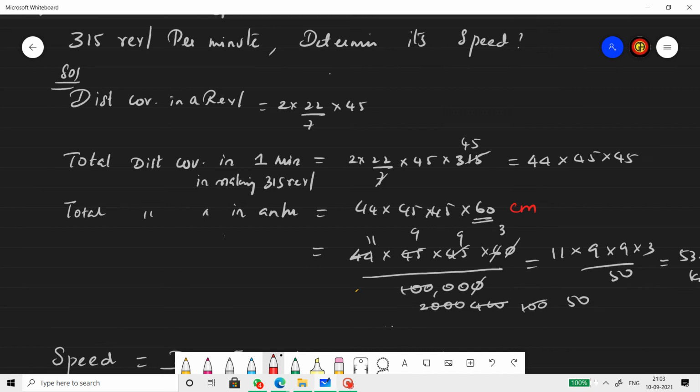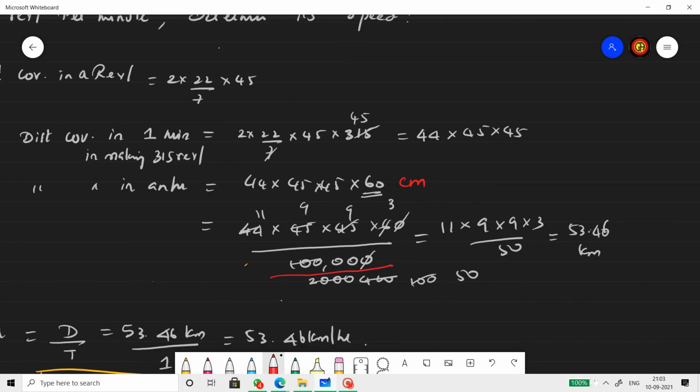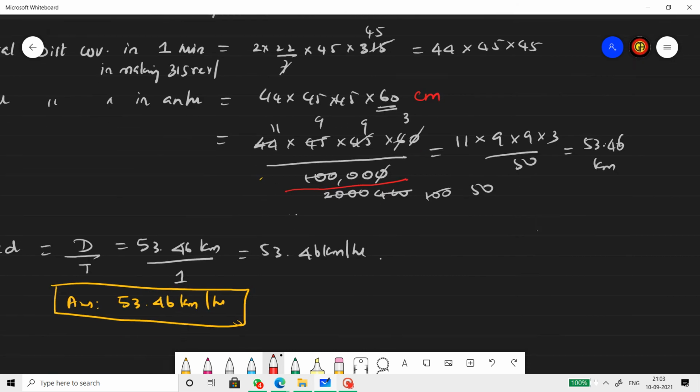So converting it to kilometer, I'm dividing by 1 lakh to convert the distance from centimeter to kilometer, which works out to 53.46 kilometers. So that means distance covered in making 315 revolutions in an hour is 53.46.